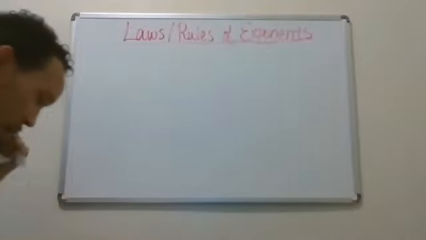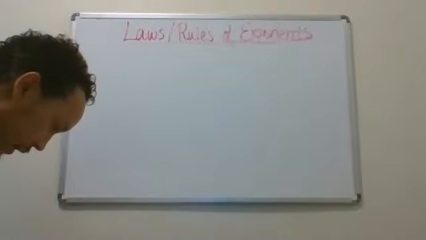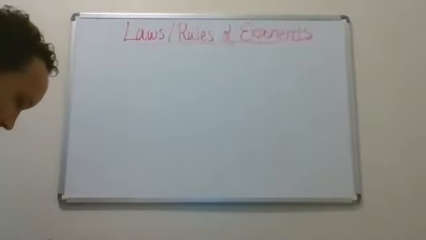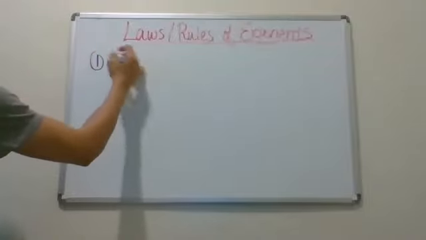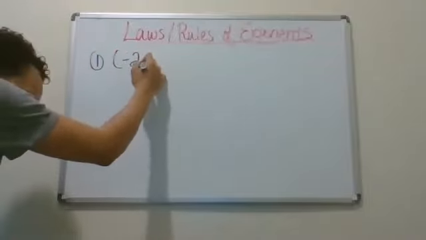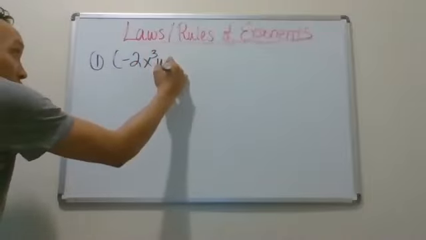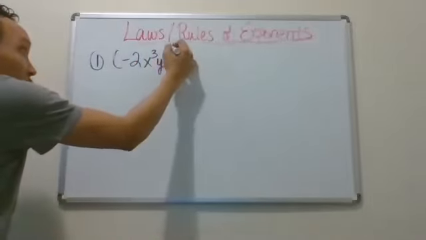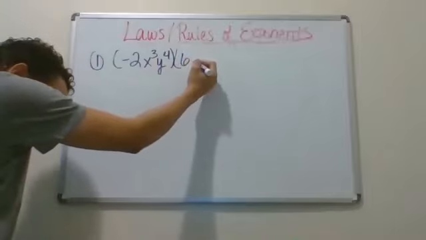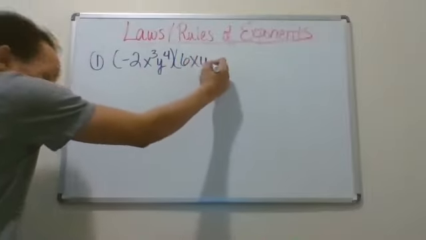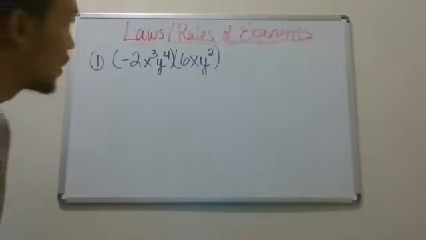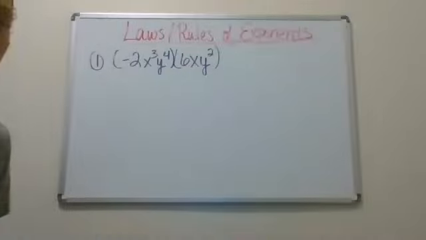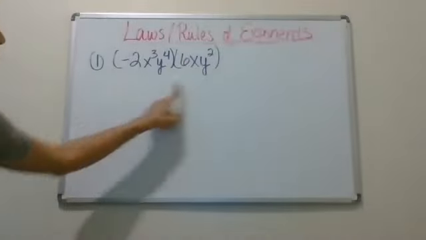Example 2 in your study guide, we have -2 x to the 3rd y to the 4th times 6 x y to the 2nd. Okay, we're going to just utilize the laws or rules here, okay? The operation between all of these is multiplication.